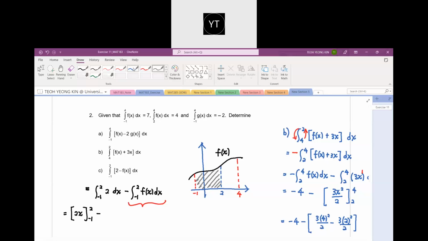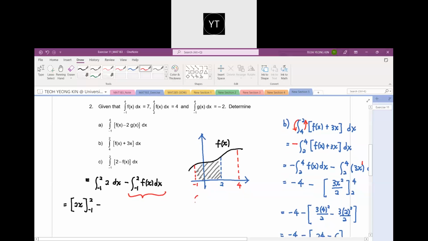Since we only have from negative 1 to 4 and from 2 to 4, we use the integration from negative 1 to 4 of f(x), the whole region, minus, using the same color, let's say I use blue, the integration from 2 to 4 of f(x) with respect to x.